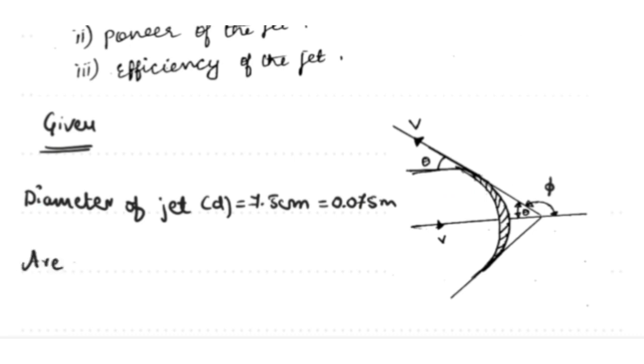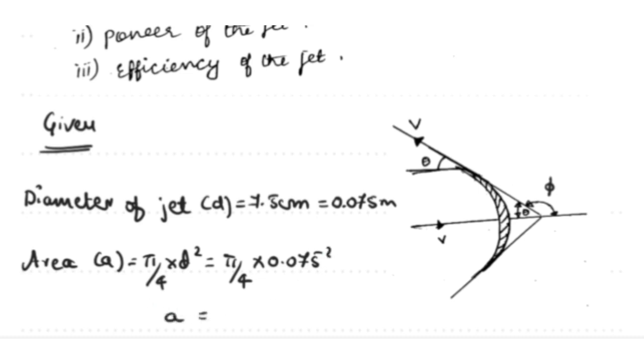Area is equal to pi by 4 into d square, that is pi by 4 into 0.075 square. So the area will be equal to 0.00417 meter square.